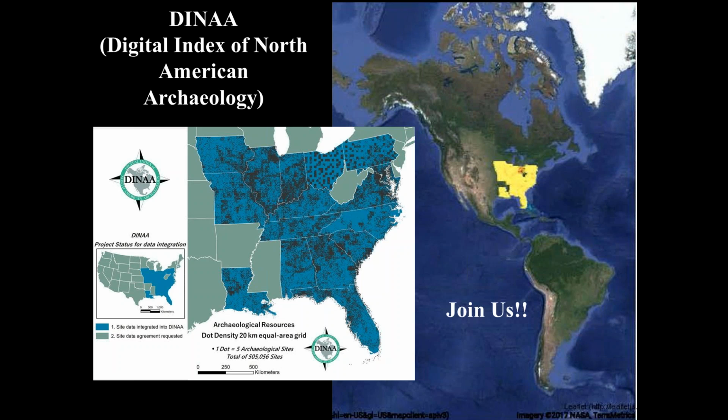The SHPOs there required that the location information be derived from the county centroid. So that's why it's a little different for Ohio, and also for Pennsylvania next to it. So there is a bit of a lack of consensus, but generally speaking, that roughly 20-kilometer grid is something most site file managers have accepted.